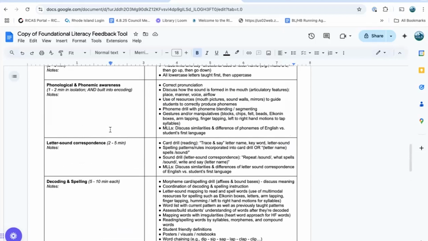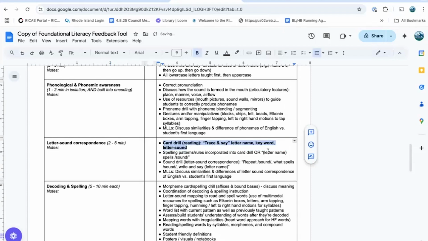One of the ways that I use this tool, I always have it up and active during the observation. Anytime that I see something, like when I see the card drill happening, I'll highlight and bold it. That way the teacher knows that I saw that in that moment. In the notes section, I'm always doing direct quotes, or just noting things in a really observational way.